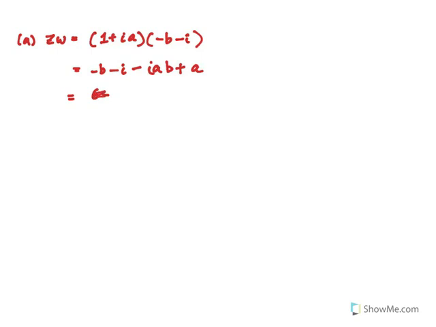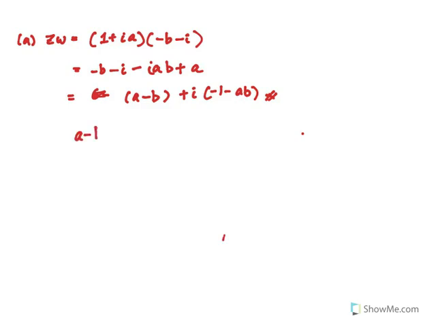If I group the real and imaginary parts together, it's the real part A minus B, plus i times negative 1 minus AB.